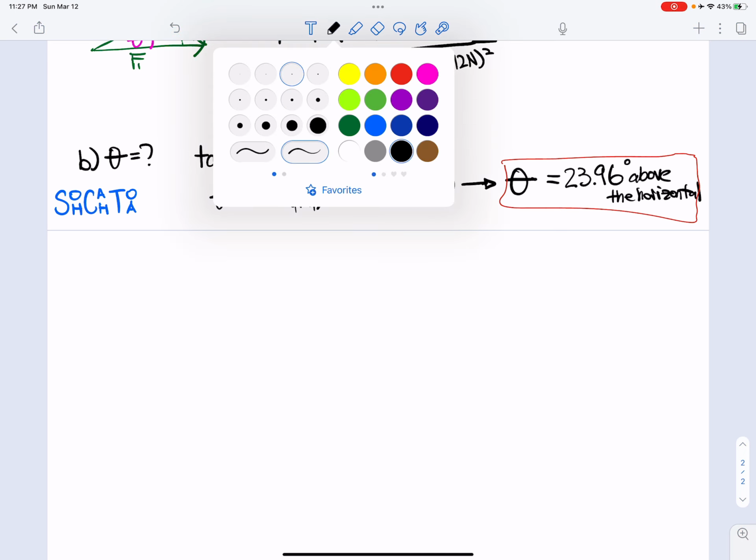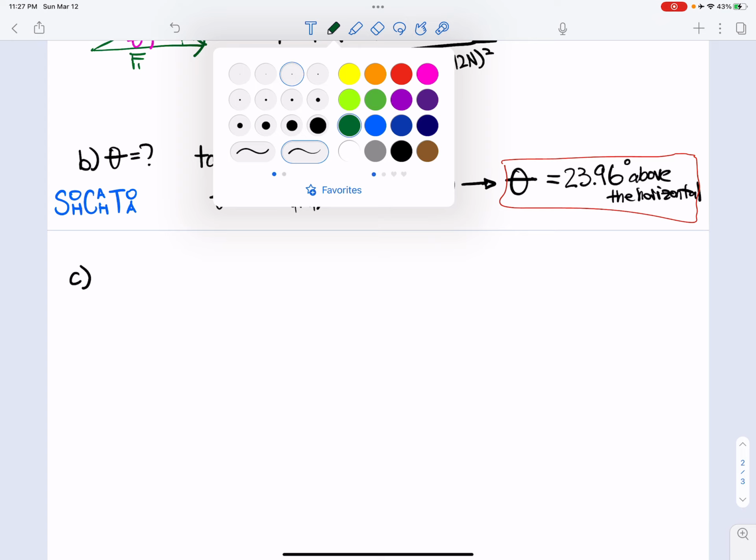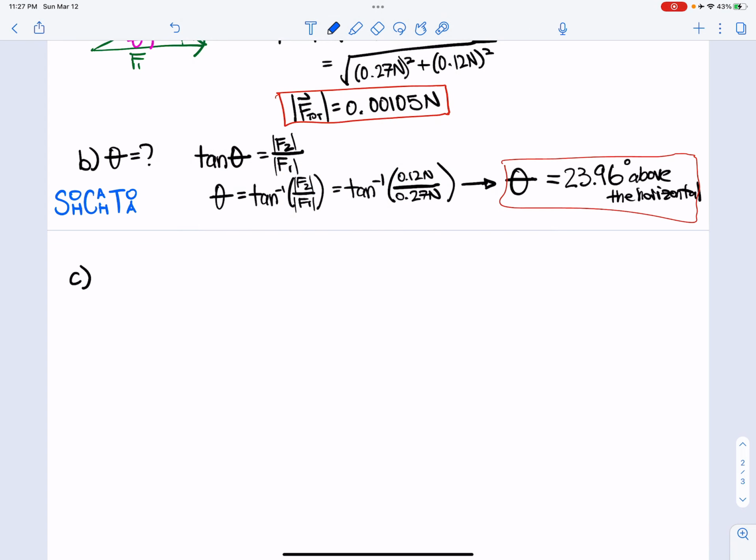In order for capital Q to feel no force, so now we're moving on to part C, I imagine it would have to be somewhere between a straight line of Q1 and Q2, right? So let's say I use brown for the Q. I have Q1 right here, and I draw a straight line, and I have Q2 right here.